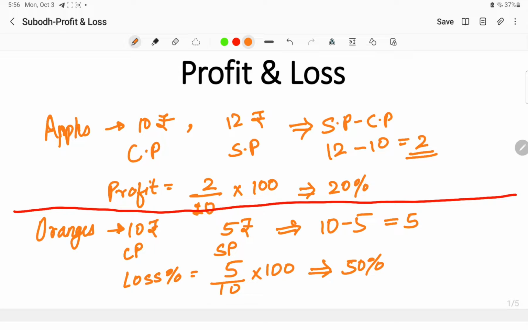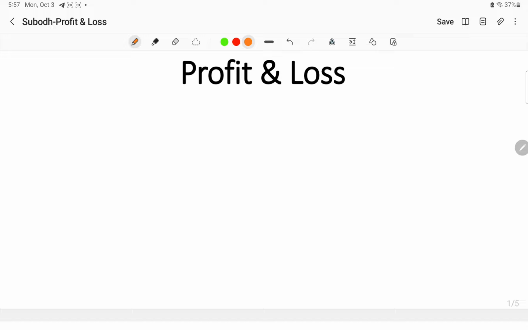Okay, till here we have learnt about profit and loss and how to calculate it. Now suppose we are given profit or loss and we are asked to calculate selling price. So let's see how to do that. Suppose we are given a profit of 10% on some cost price X. How will we calculate the selling price?